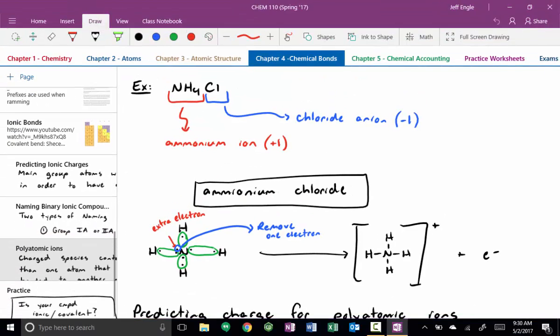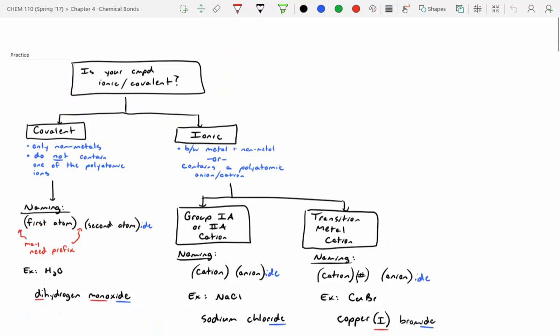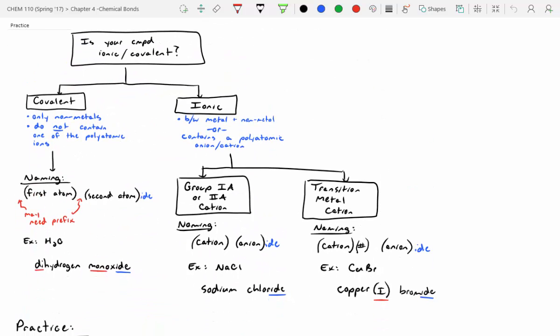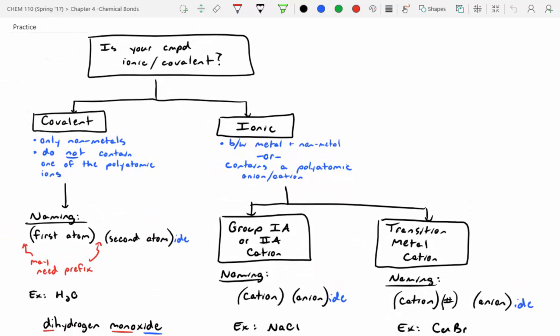And then, last but not least, we made this flowchart for being able to determine naming. We said first you need to determine if your compound is ionic or covalent. Covalent compounds we know only have nonmetals, and they do not contain one of the polyatomic ions that we highlighted.